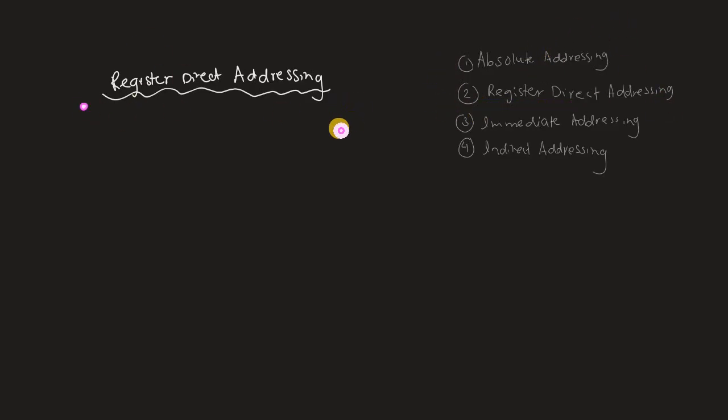Register direct addressing is basically when the operand is a register on the processor. By that I mean, for example, this is the example that we went over in the previous video, right? Load R1 and then we have some memory address given to us, for example this memory address. What does that mean?